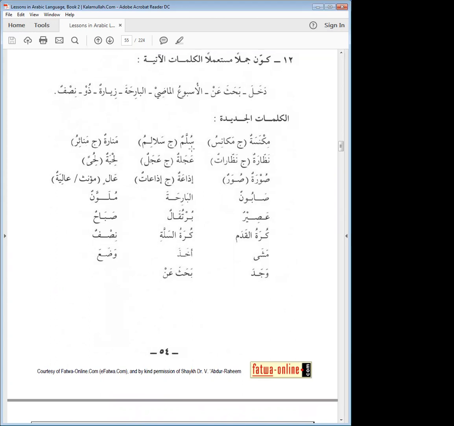Sullamun, jam, salalimu, which is the stairs. Minaretun, which is the minaret, manairu is the plural. Navaratun is the glasses, jam. Navaratun, right, is the plural.